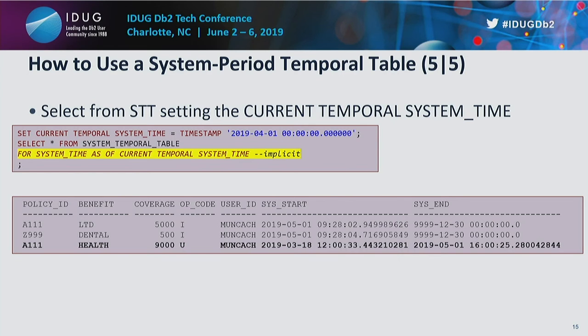It looks to see what rows are valid as of that period of time. Had I specified the between, from April 1st to May 2nd, that's when I would have picked up multiple rows for that health coverage that was changed. And you can always follow through to see what the valid periods were, and you can see that April 1st is right in the middle of here, so all these rows are valid.